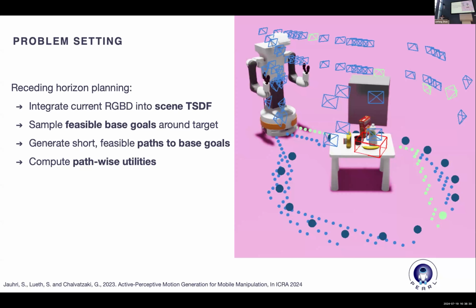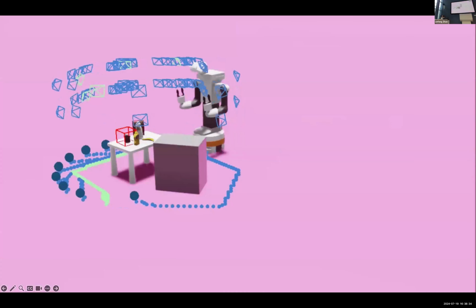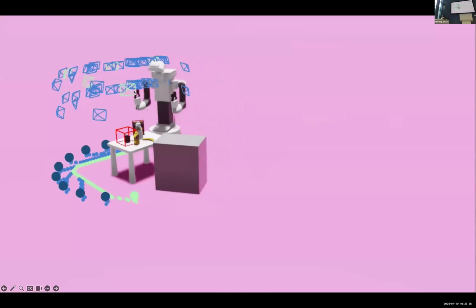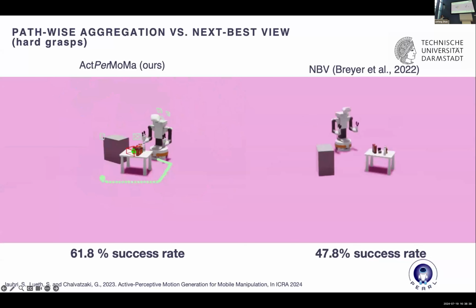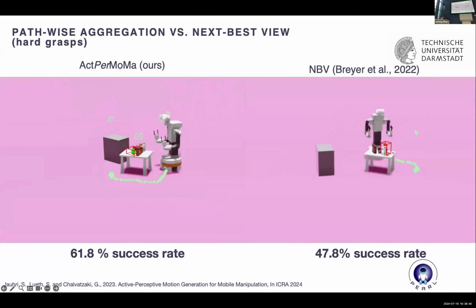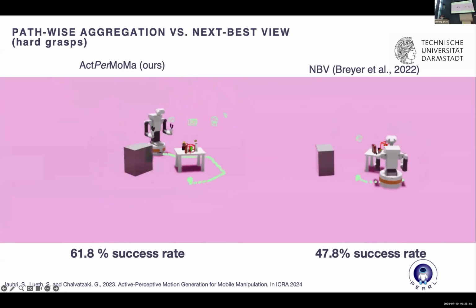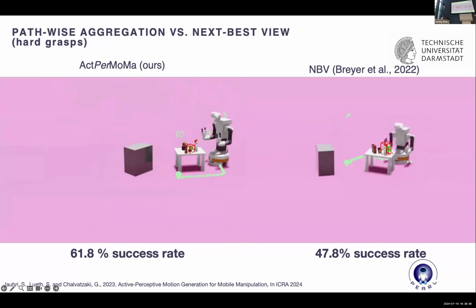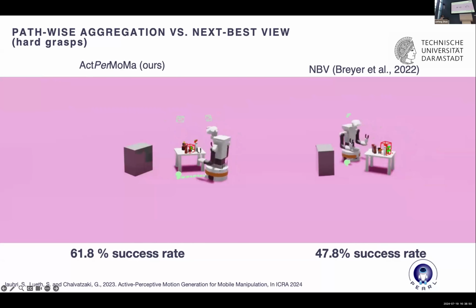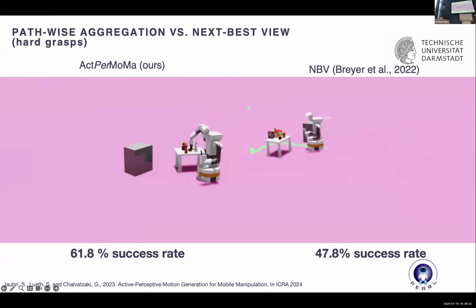what is the best course of action, which ends up in a performance which is much better than just doing next best view. I wanted to show this one, especially if we consider hard grasps, for example, side grasps or grasps where the clutter is quite high, while the next best view approach would zigzag and so on.